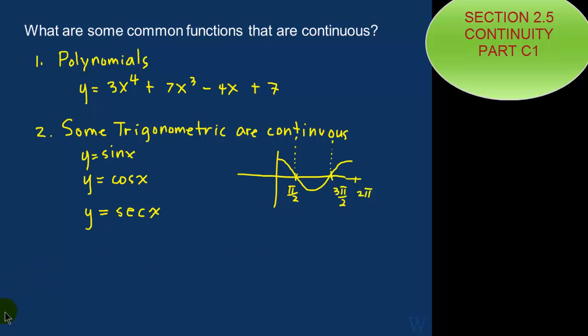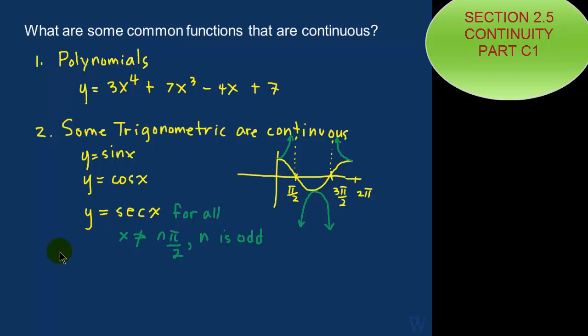So to graph secant, that's my secant of x. Well, it is conditional in the sense that it is continuous at certain intervals. So I will say it's continuous for all x not equal to any multiple of pi over 2 where n is an odd number, like pi over 2, 3 pi over 2, 5 pi over 2, minus pi over 2, etc.